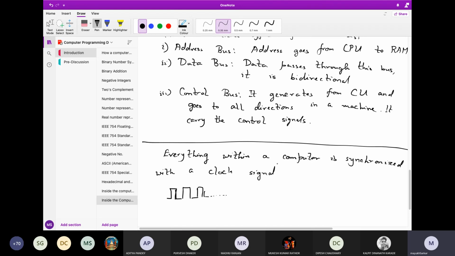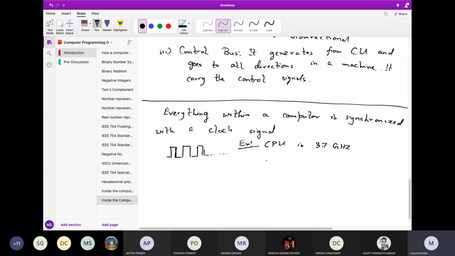That means if I say, for example, a CPU is 3.7 gigahertz, it can work with a clock signal that has the frequency of 3.7 gigahertz.